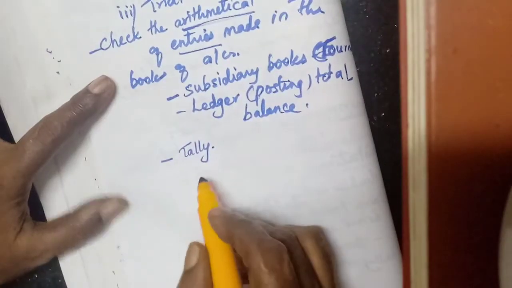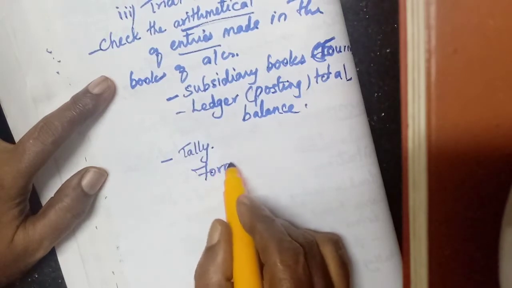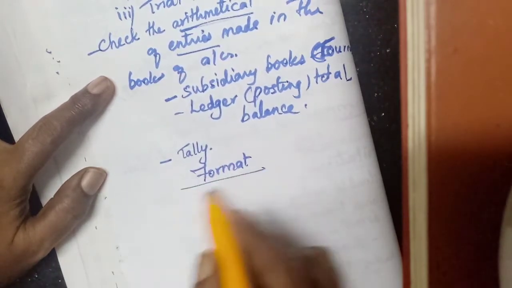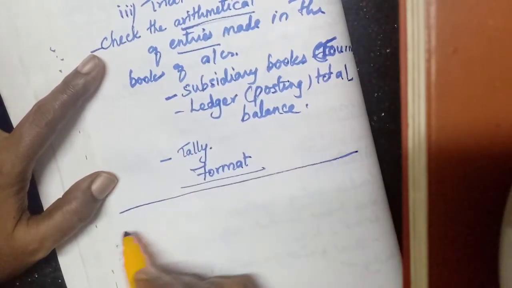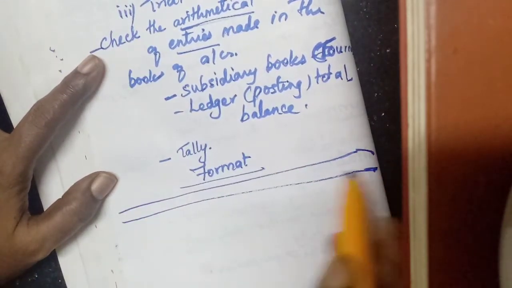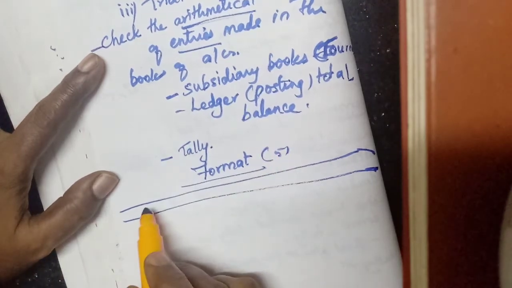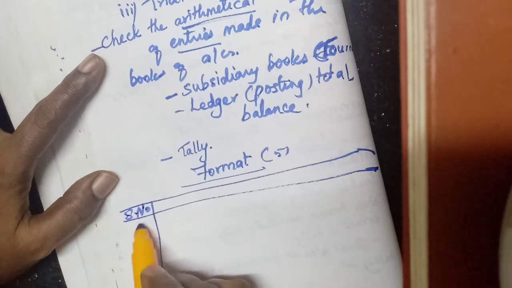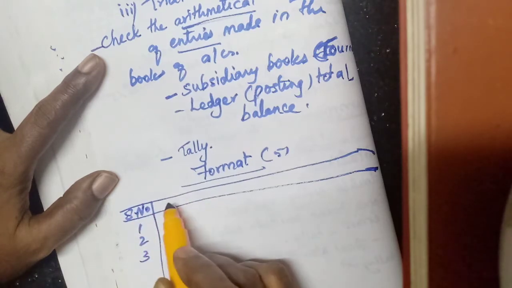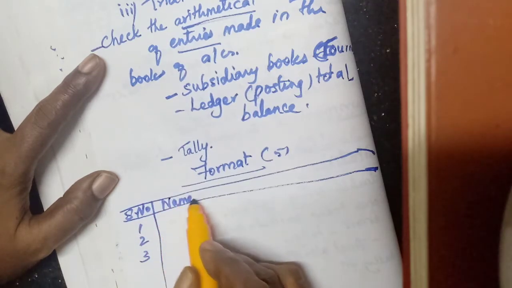So for this you should know the format of the trial balance. It is a statement, so only one page is enough. Only 5 columns. First one, serial number 1, 2, 3, 4. Then name of account or particulars.